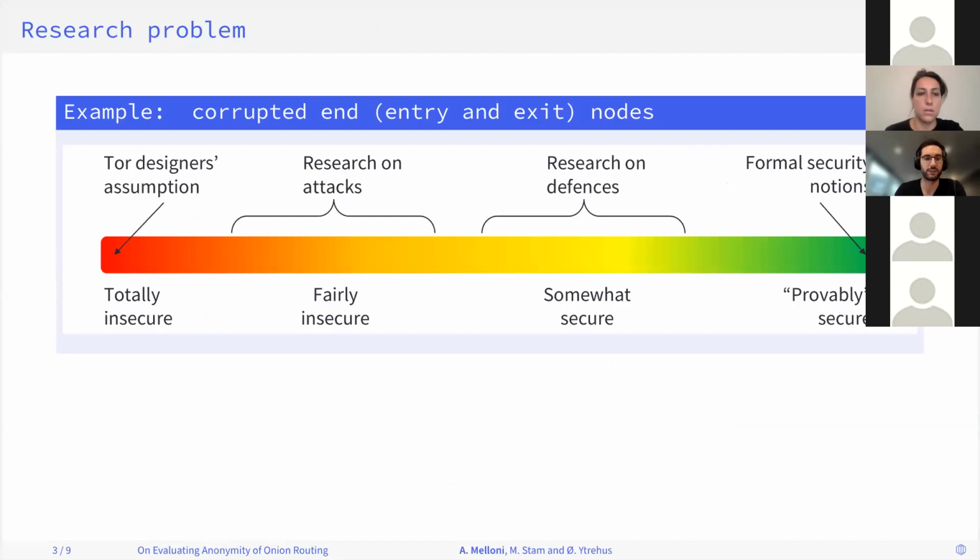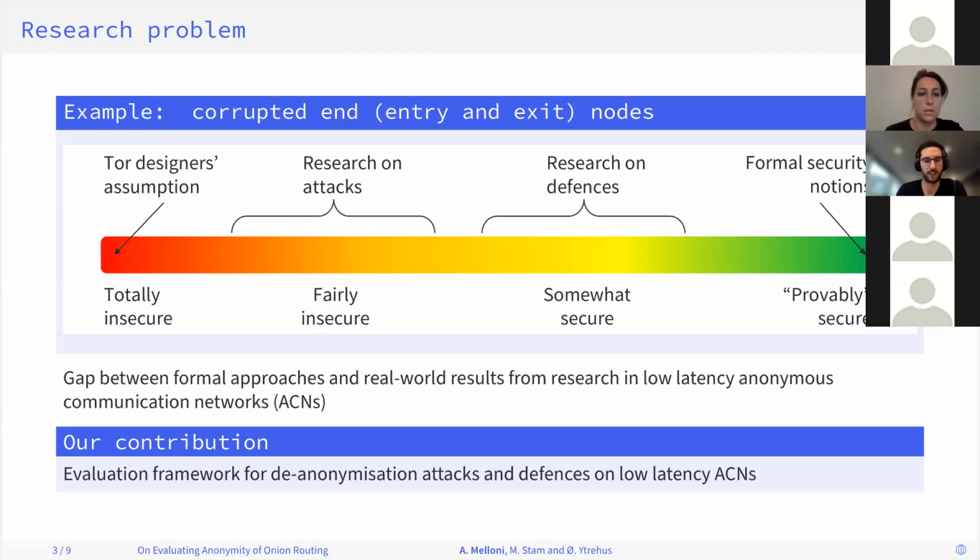But research on attacks shows that breaking the anonymity is actually not trivial. And moreover, we have security proofs showing that the onion routing protocol is provably secure. So there is a gap between the formal approaches and the real world results, and we provide an evaluation framework for the de-anonymization attacks and defenses on low latency SCN.